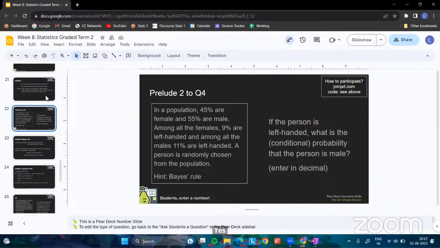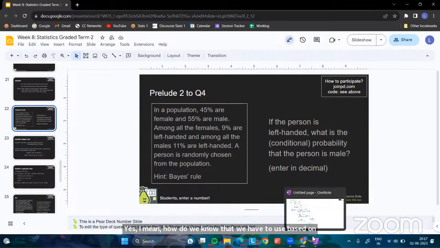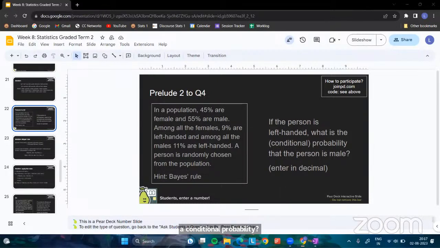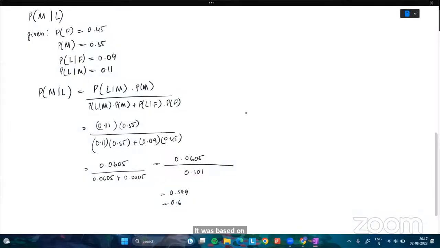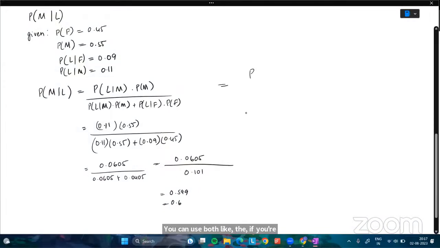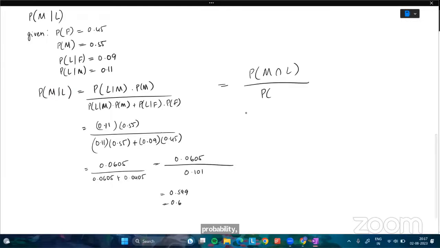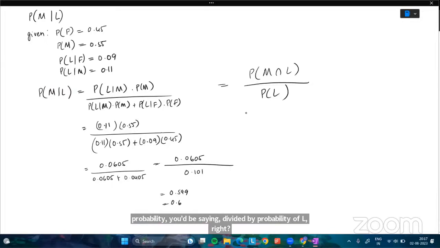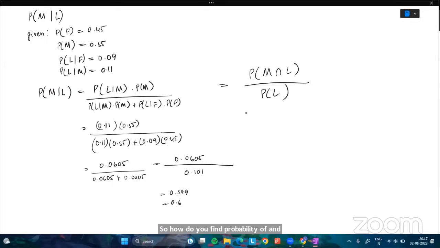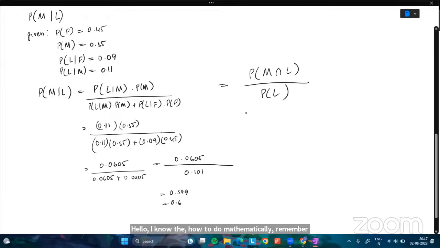How do we know whether we have to use Bayes rule or conditional probability? You can use both. If you're using conditional probability, you would be saying probability of M intersection L divided by probability of L. So how do you find probability of M intersection L?